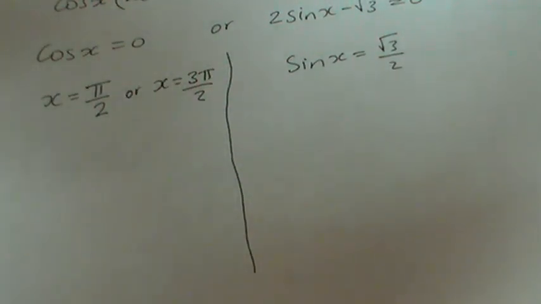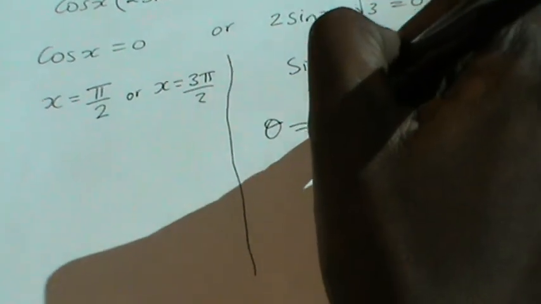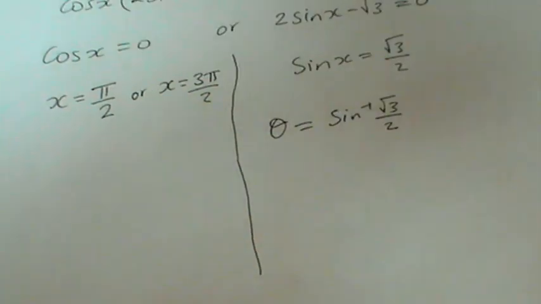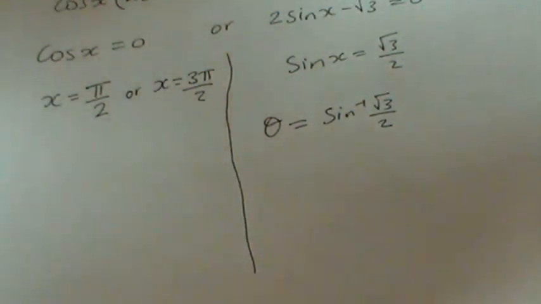You'll see I'm not writing down the headings, but I'm still following the procedure. My reference angle theta is equal to sine inverse of square root of 3 over 2. I forgot to work out the quadrants, but the steps are interchangeable. We can find the reference angle, then find out in what quadrant it is in.